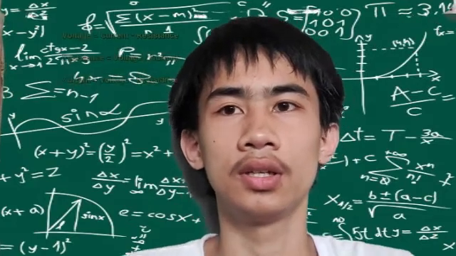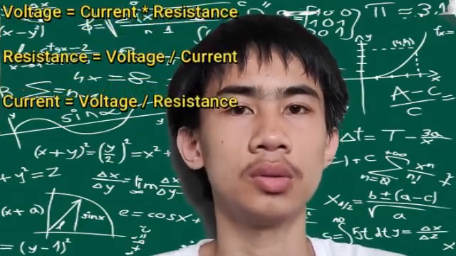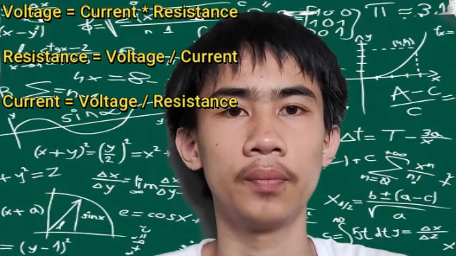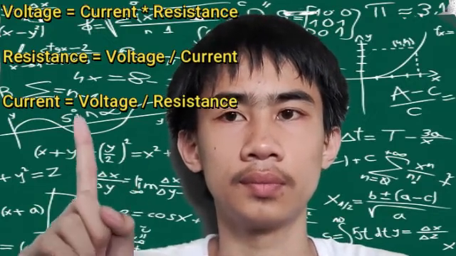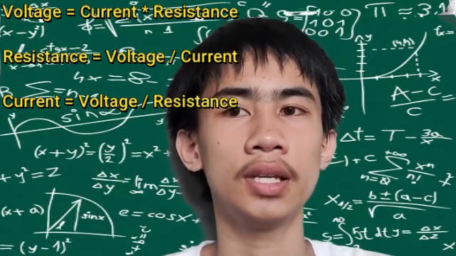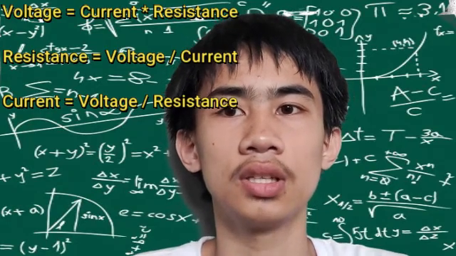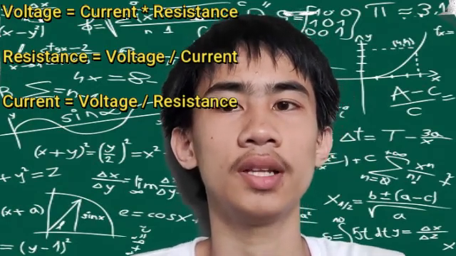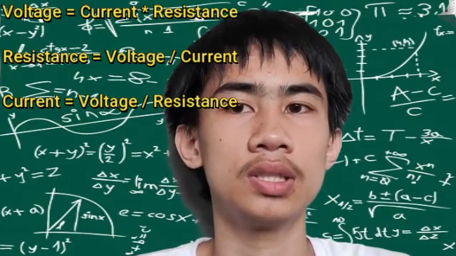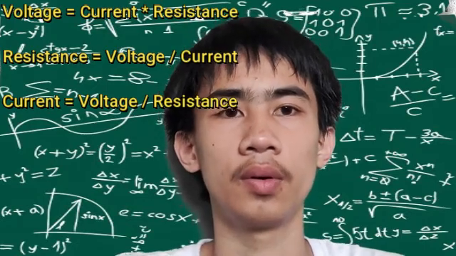Now, there are three formulas we need to use for Ohm's law. The three formulas we use are: voltage equals current multiplied by resistance; resistance equals voltage divided by current; and last, current equals voltage divided by resistance.